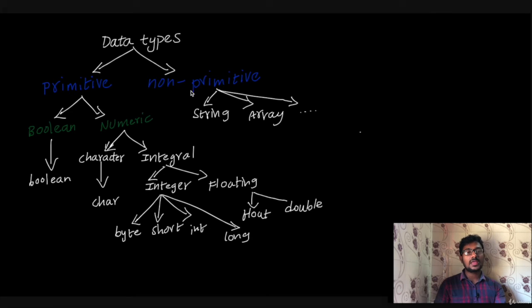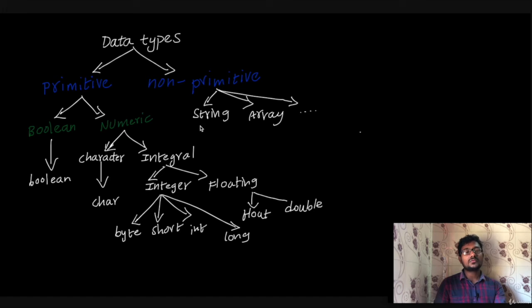And then non-primitive data types. Non-primitive means these data types are formed using some primitive data types. For example, the string data type has been formed using character data types. For example, if you want to store a name, say Rakesh, R-A-K-E-S-H, 6 characters need to be stored in a stretch, which means in a sequence.